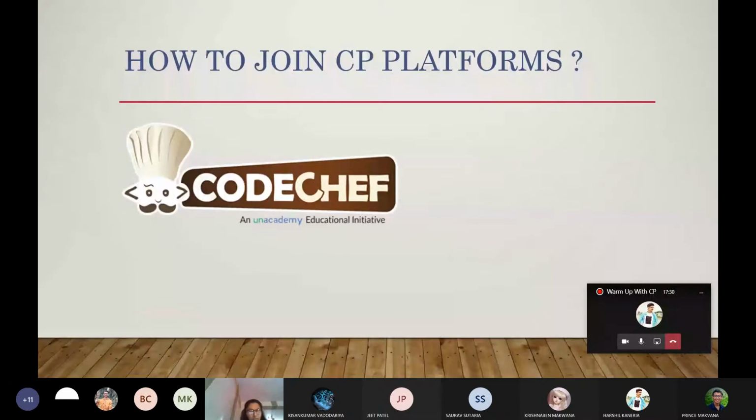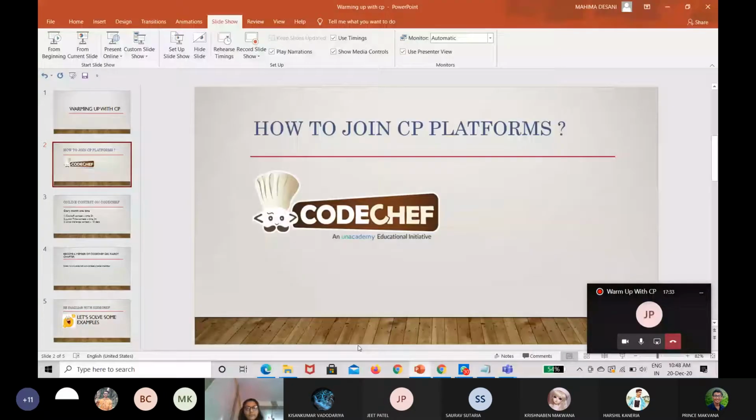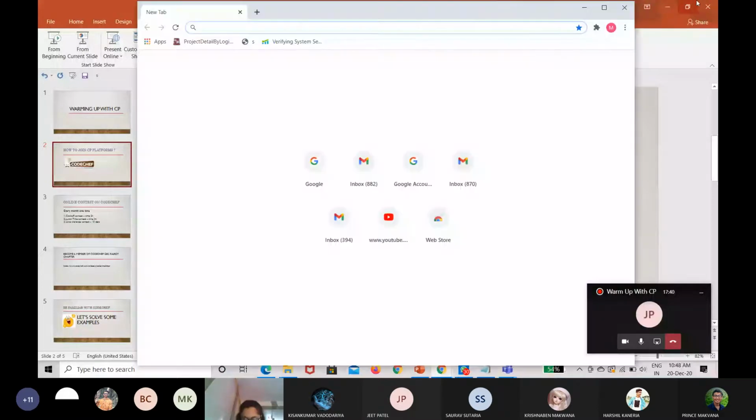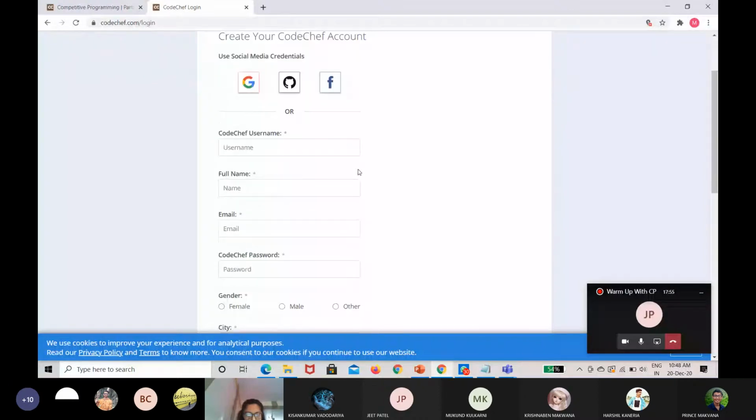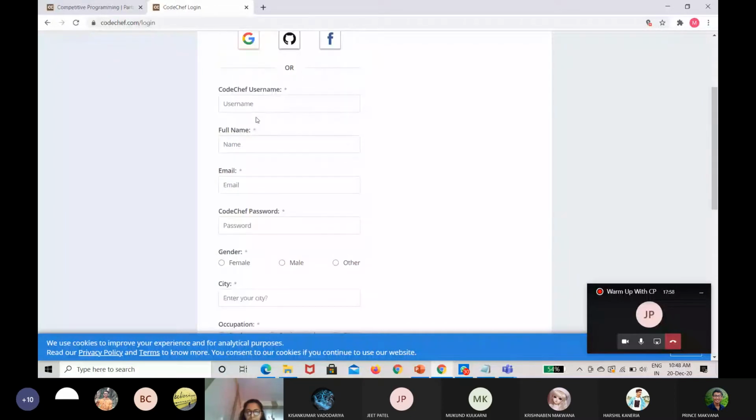For that, you just have to go to codechef.com. In it, you can see two sections, for new users and for existing users. For a new user, you have to fill in some details about yourself, like your username, name, email ID, gender, city, and password.